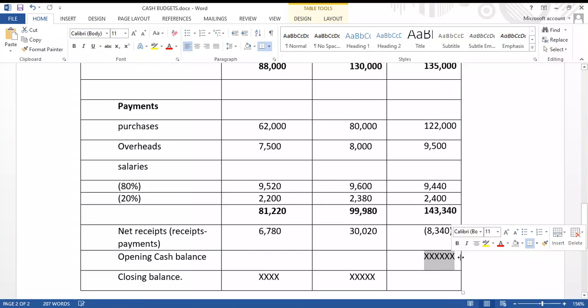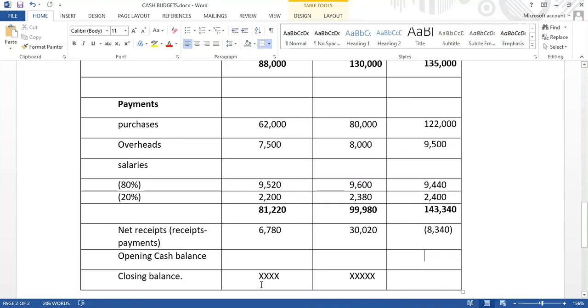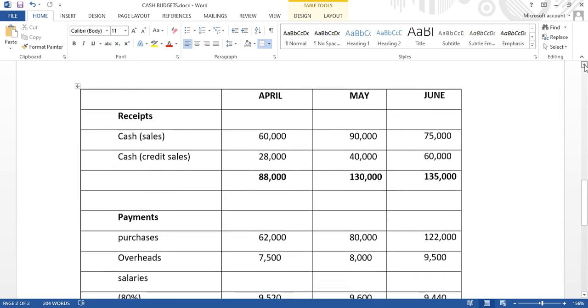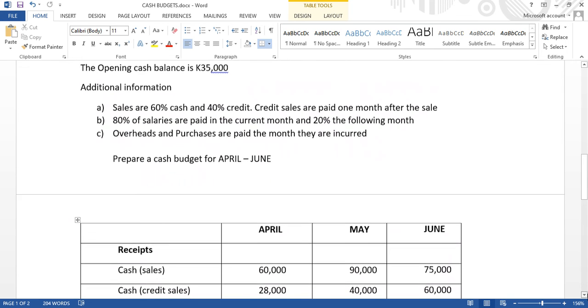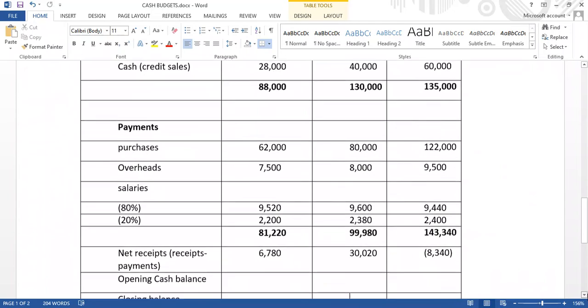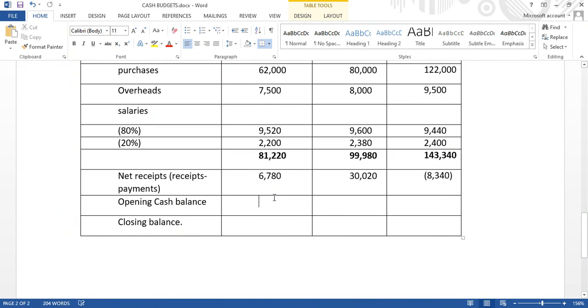All right, so now we're told our opening cash balance was how much? 35,000. So what's the opening cash balance? 35,000.